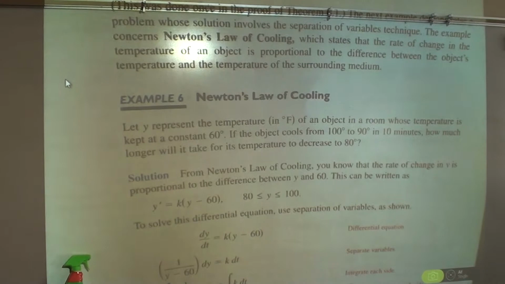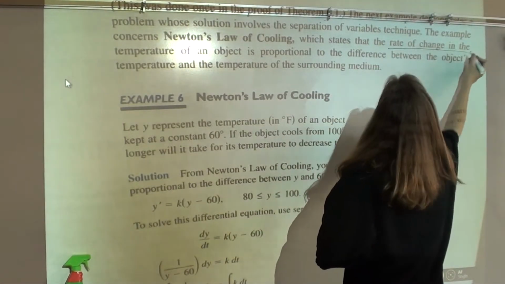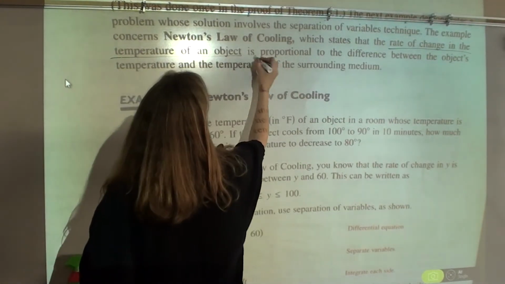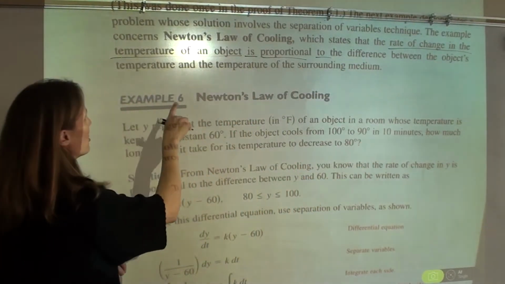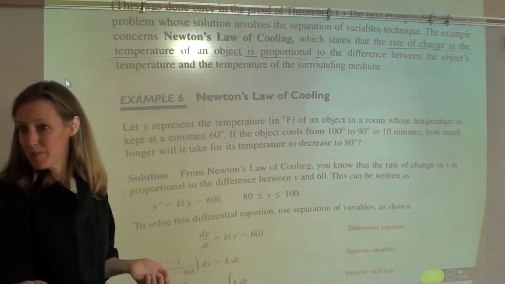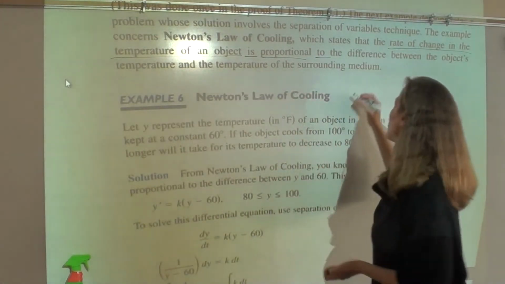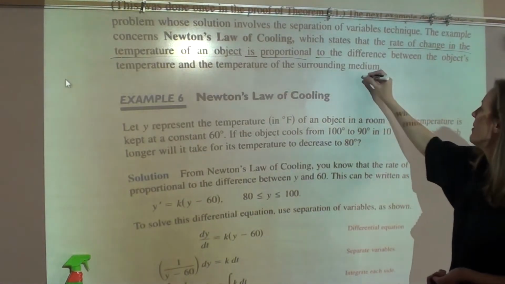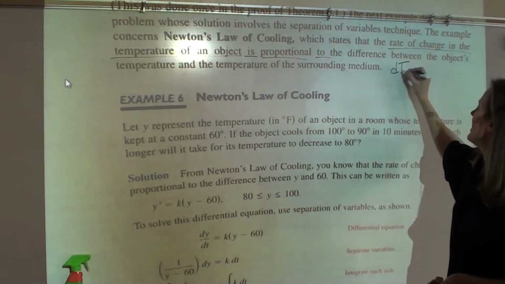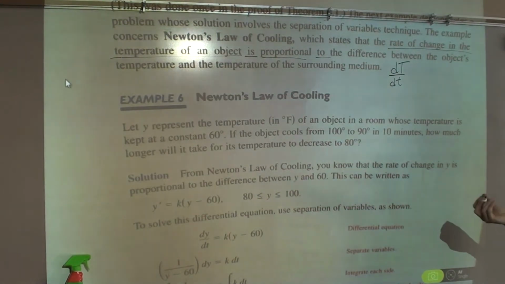Newton's law of cooling says this. It says the rate of change in the temperature of an object is proportional to the difference between the object's temperature and the temperature of the surrounding medium. So you might want to write this in notes somewhere. Newton's law of cooling. I'm going to write that as dT/dt. I'm going to use a big T for temperature and a little t for time.